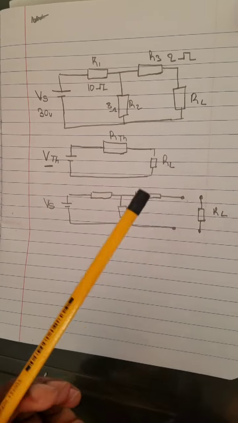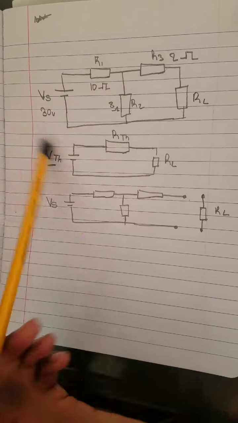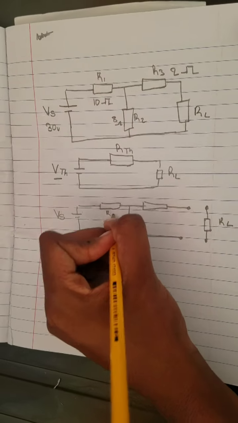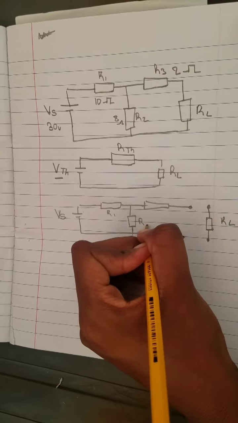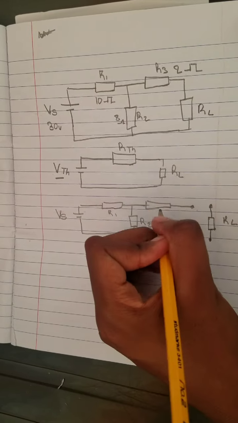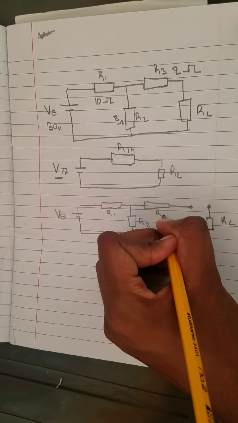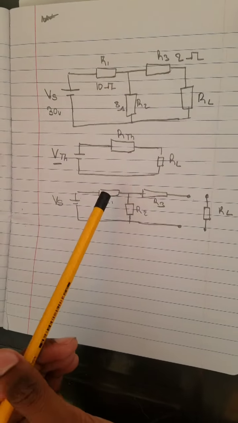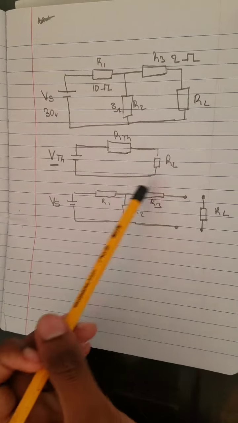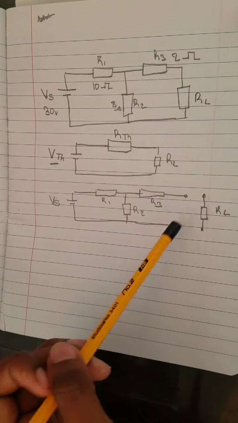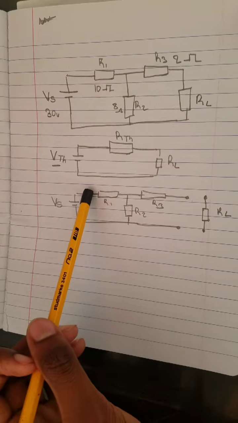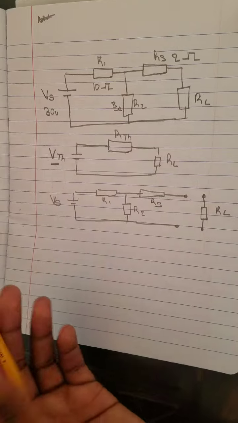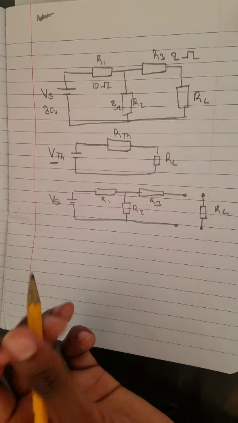Because it is broken, no current is going in here, which leads to no voltage drop across this part. So the voltage across here and here would be the same, they will be equal.